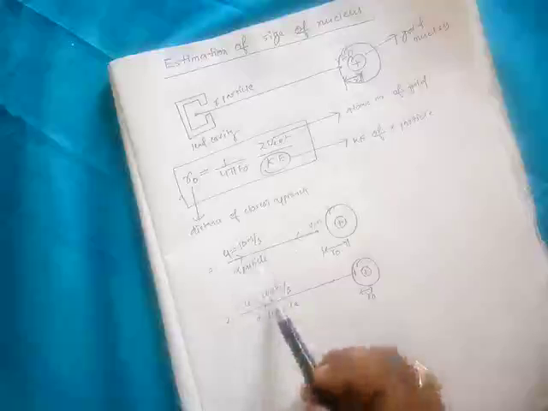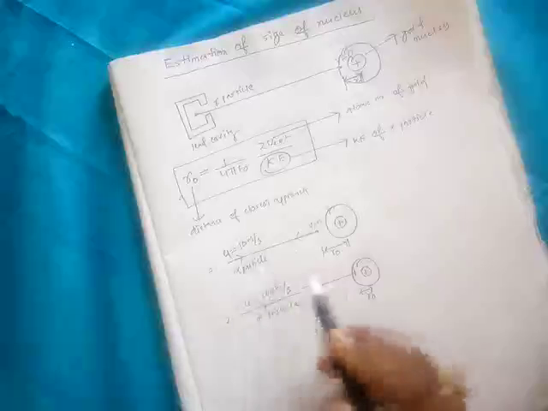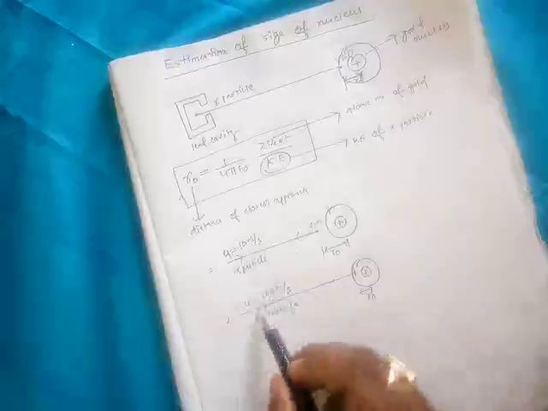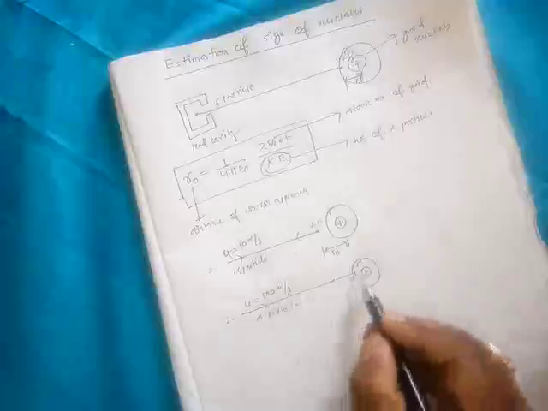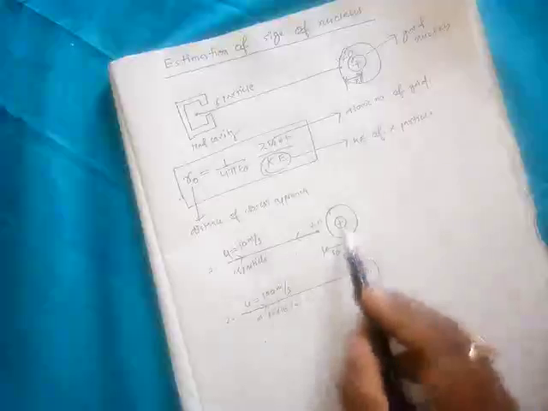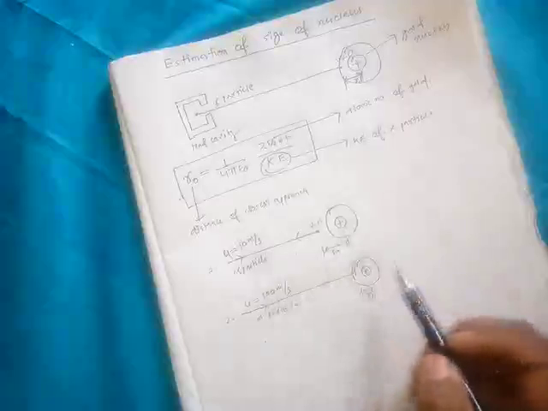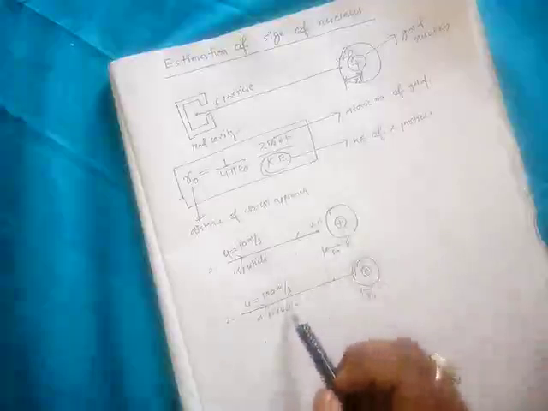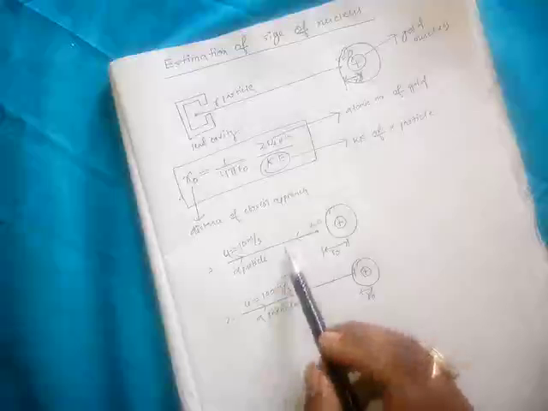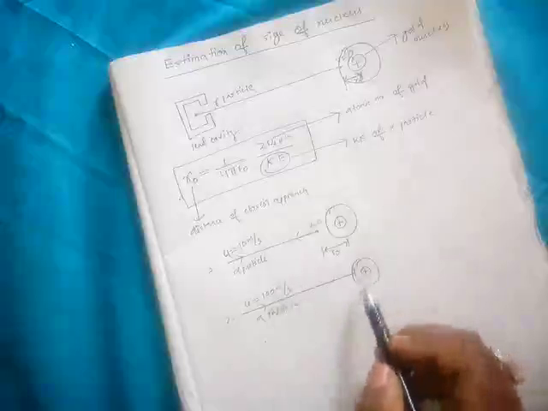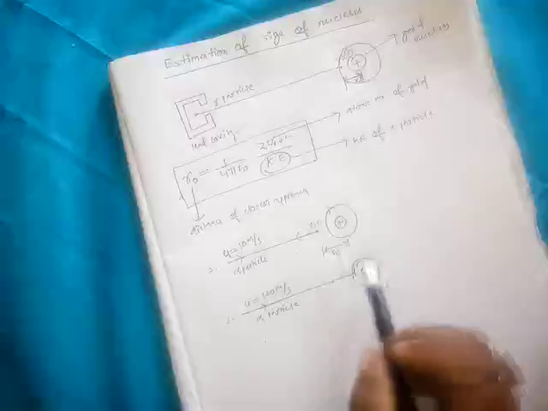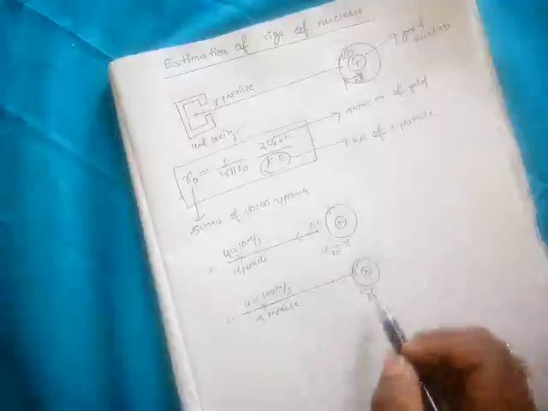This is 100 meter per second. So what will happen? Since its kinetic energy is more than this one, it can travel much closer to the nucleus compared to this one. Yes or no? Since the velocity or kinetic energy of the second alpha particle is much greater than the first one, the second alpha particle could come much closer to the gold nucleus than the first one. Is it okay?